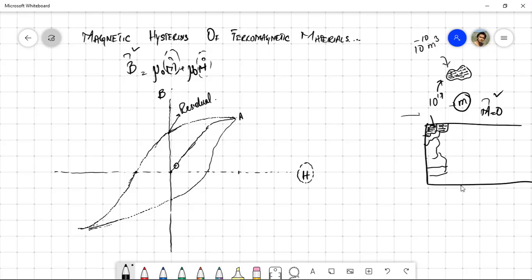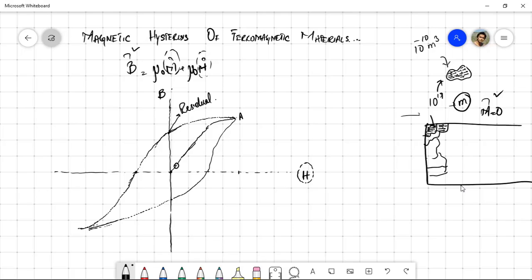Hard ferromagnetic material means that it is not easy to misalign its domains. It will take a lot of effort to demagnetize and then remagnetize that material. It means that the hysteresis loss will be larger in such materials if they need to be magnetized and demagnetized several times in a second, just like in a transformer. In a transformer, the core needs to be magnetized and demagnetized 50 times in a second, almost 100 times in a second.